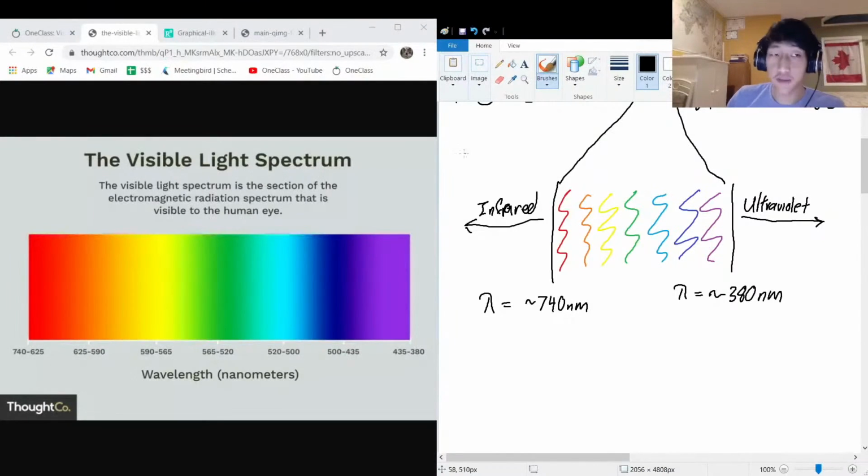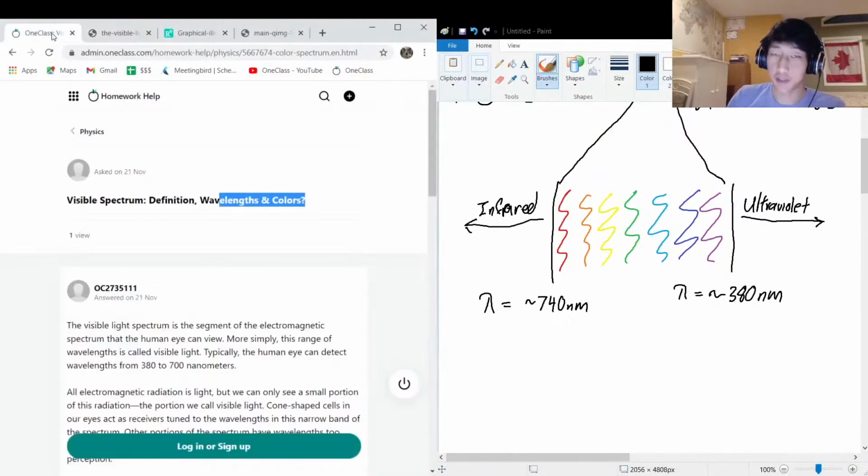Now this is going to be different for different people. Some people have certain degrees of color blindness where they're not necessarily going to be able to see certain colors. That's because the cone cells in your eyes are the ones that differentiate the wavelength of light that comes in, and some people do not have the same ability or the same number of cone cells in their eyes that allow them to differentiate different colors.